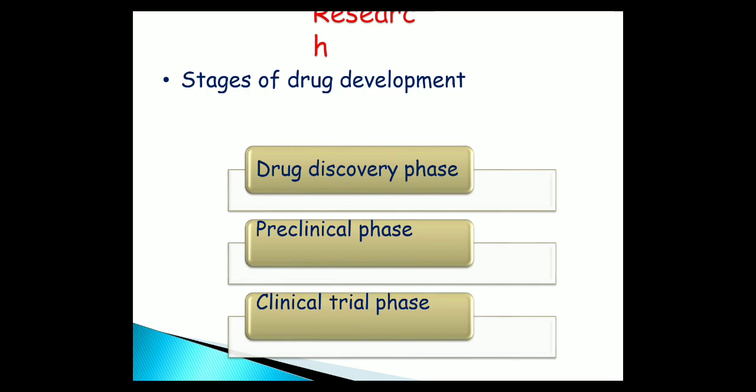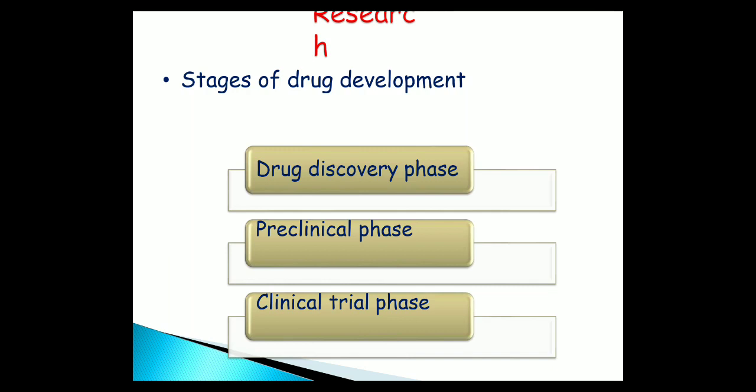Whenever we are watching news regarding any new invention of a chemical entity, or new drug development, at that time we don't know the history or the background behind that new drug development process. So here we can study how a new drug is discovered by scientists.